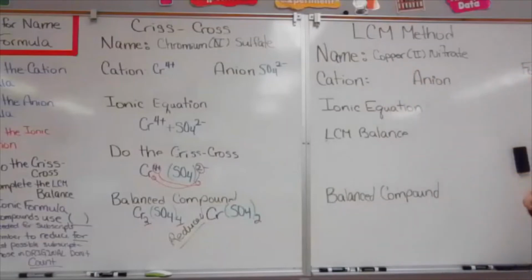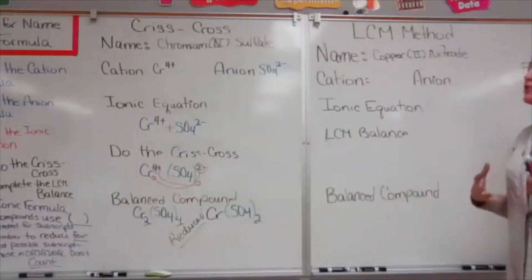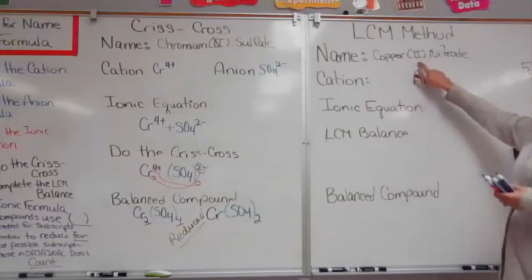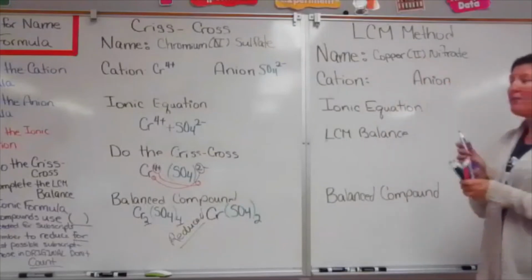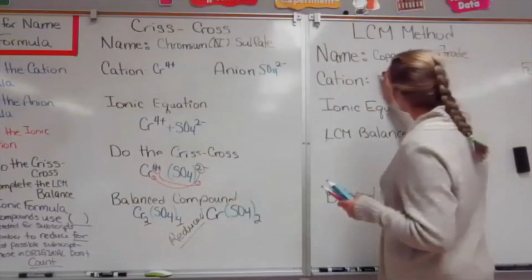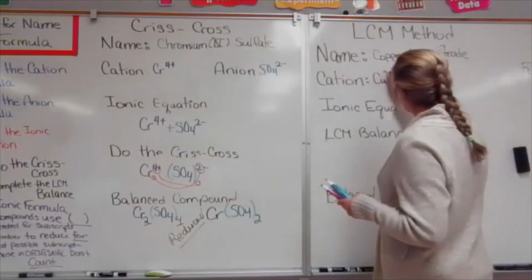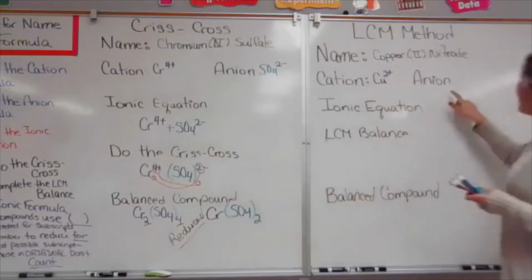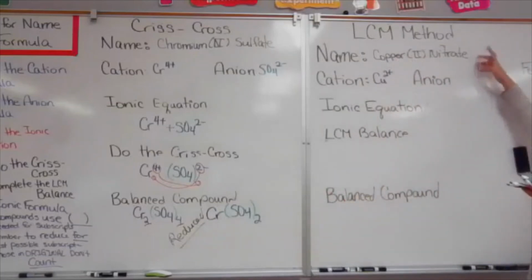And because it's a transition metal, it may have multiple oxidation states, meaning it can have more than one charge. So you have to be given the charge in Roman numerals. That's the II right here. So our cation can be written as Cu2+. Then we have nitrate. Nitrate, we know, is the anion because it's written second.